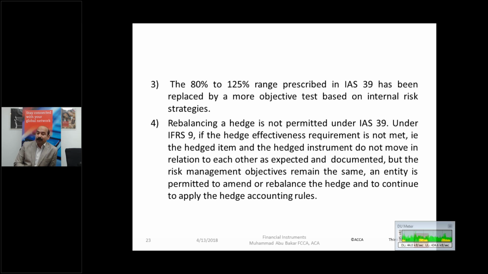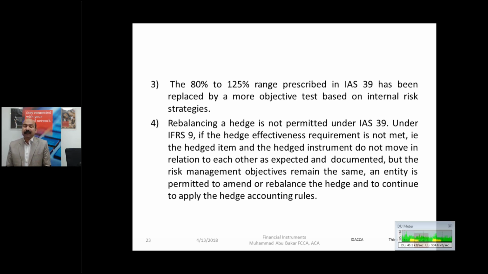See, an entity would anticipate that the gains or losses will offset before it enters into any hedging relationship. The 80 to 125% criteria to measure effectiveness is no longer there. Instead, the hedging relationship is anticipated to be effective throughout the life of the hedge by meeting all of the following requirements. For example, there is an economic relationship between the hedged item and the hedging instrument.